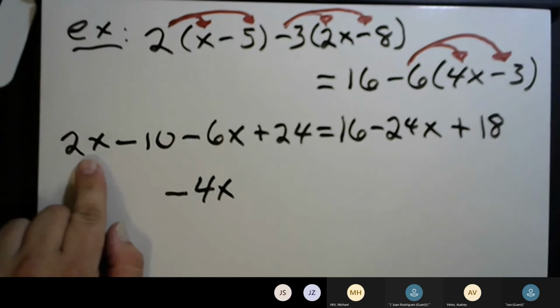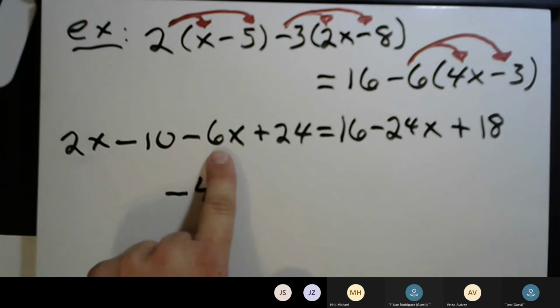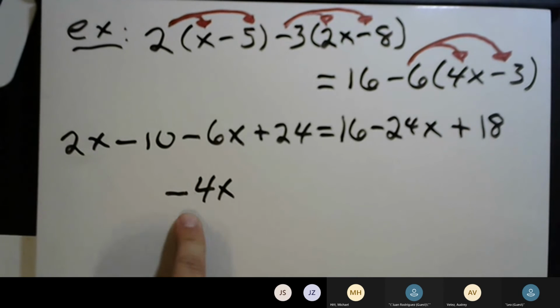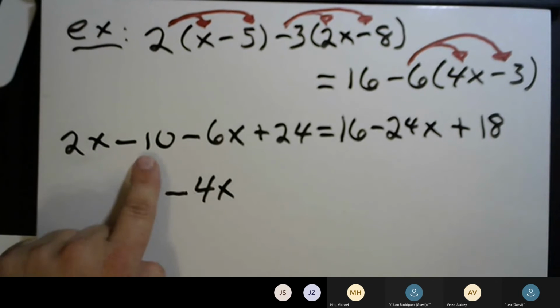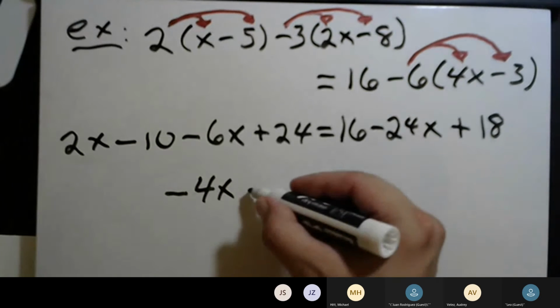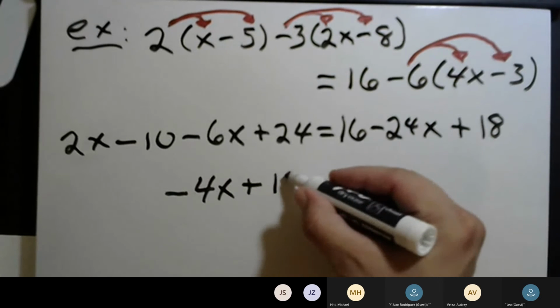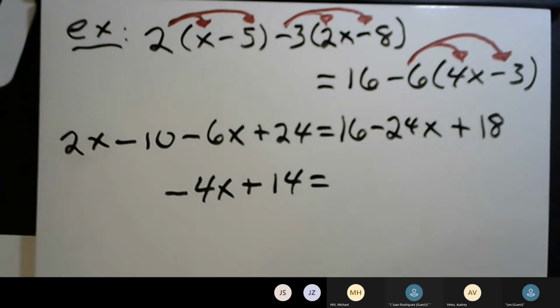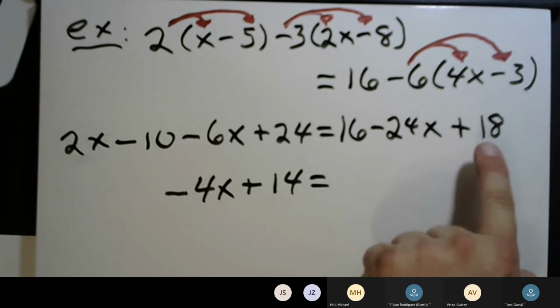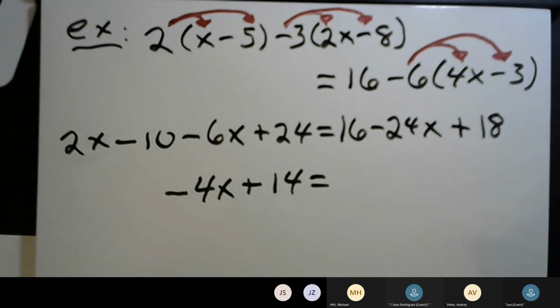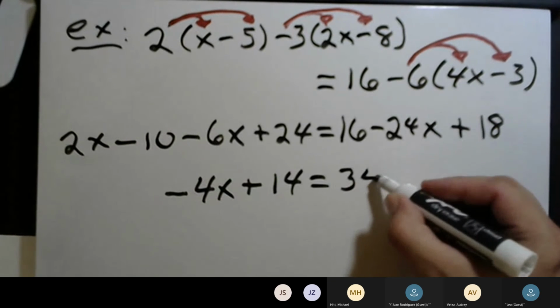Or you can think of it like this, it's 2 degrees, then it drops 6 degrees more, it gets 6 degrees colder, it's now negative 4 degrees. So those are the type x's. We can combine those. You have type constants. This will be 14. Now, these are type constants, positive 16, positive 18, positive 34.